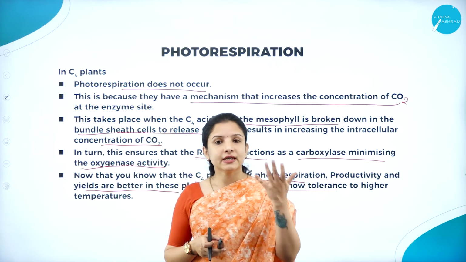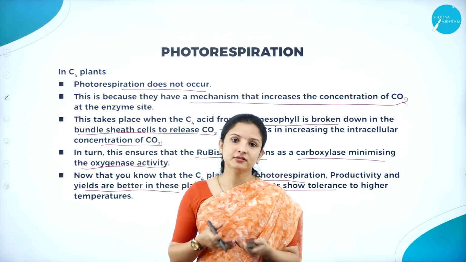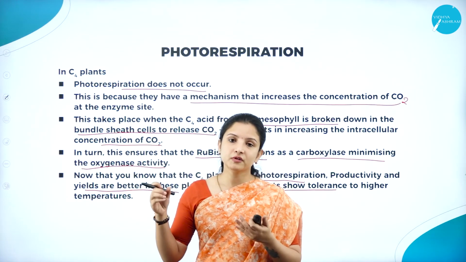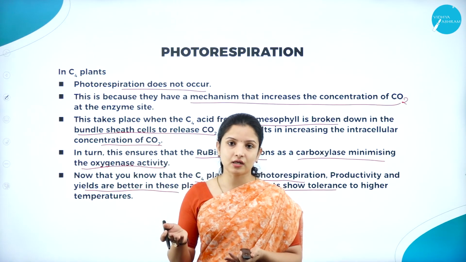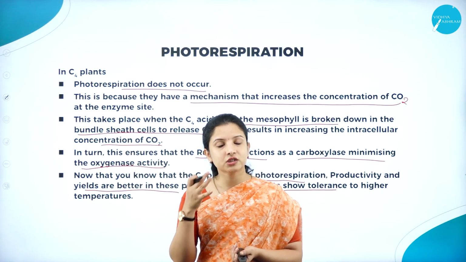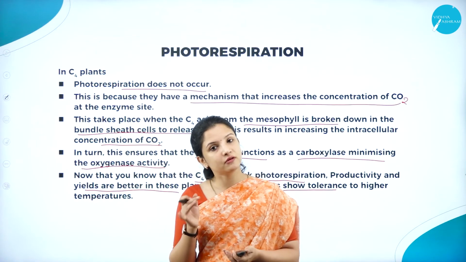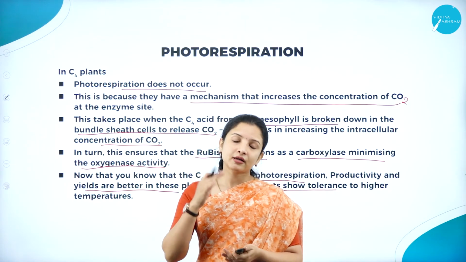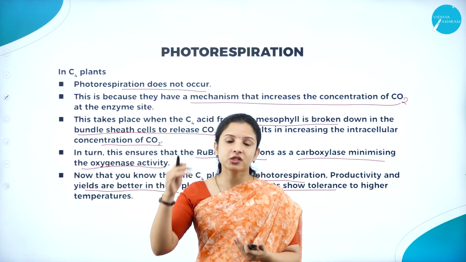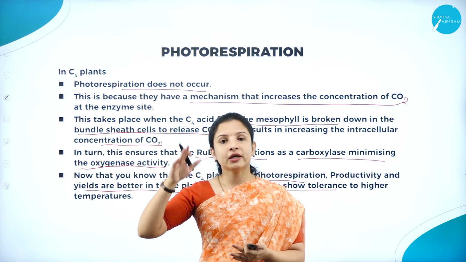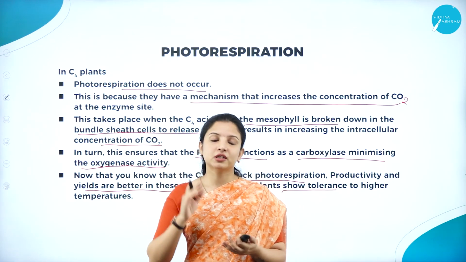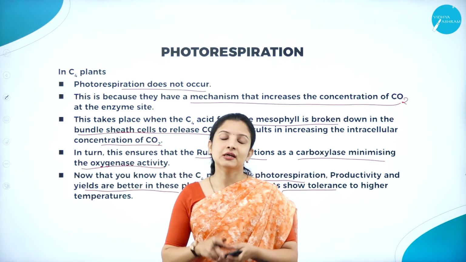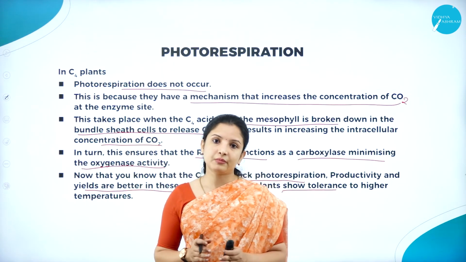Why? Because even if oxygen enters into the plant, because of the process of decarboxylation occurring, the oxygen inside the mesophyll cells will be utilized by the plant, and in the process of decarboxylation, carbon dioxide will be given back to the intercellular spaces of the mesophyll cells, therefore increasing the concentration of carbon dioxide.